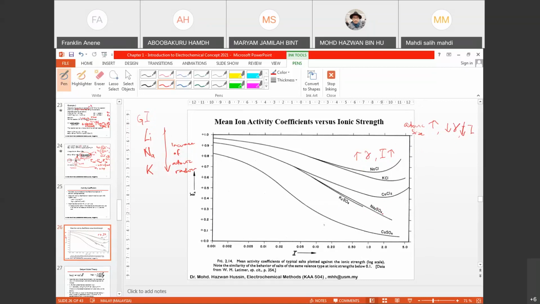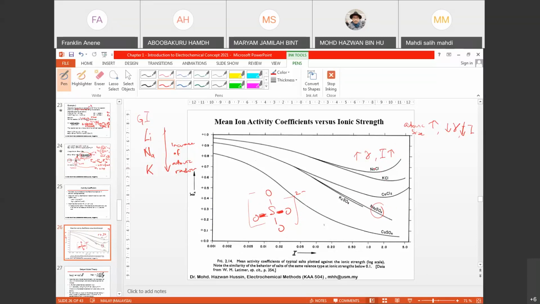And if you compare with sulfate, sulfate is a more complex polyatomic ion. So I think for this one, the ionic strength is even looser than if you use only chloride.